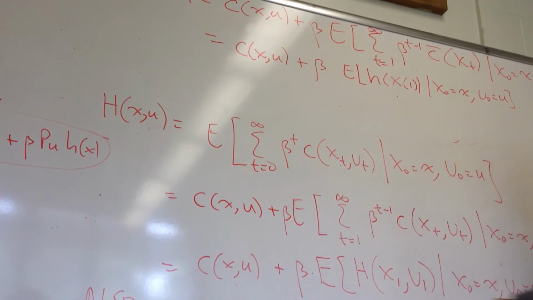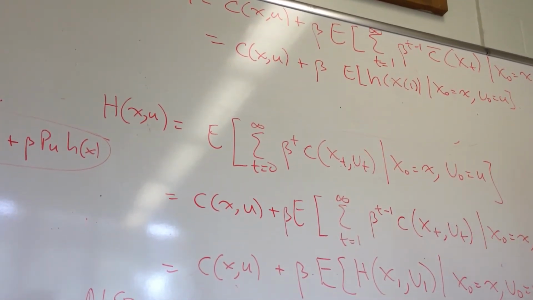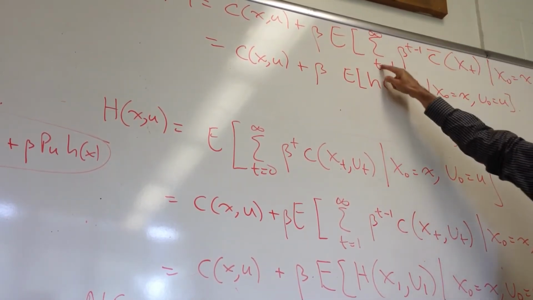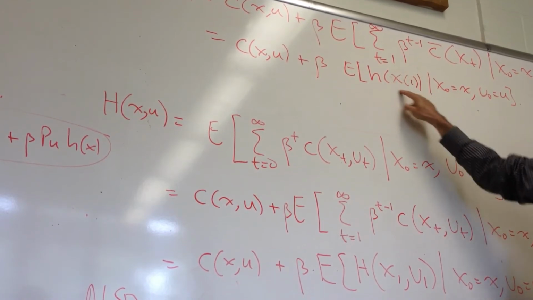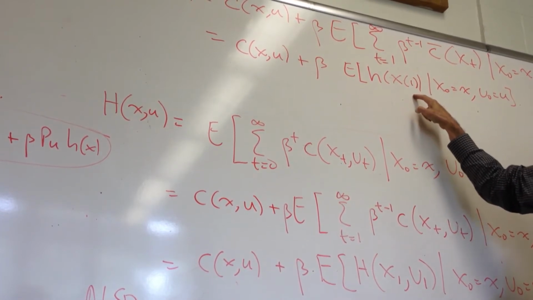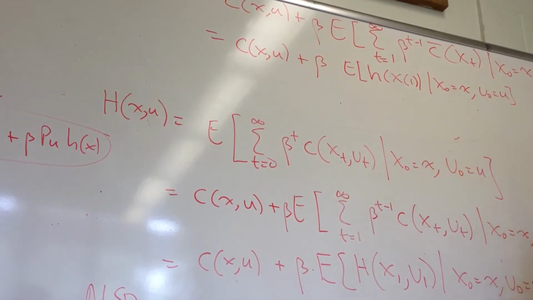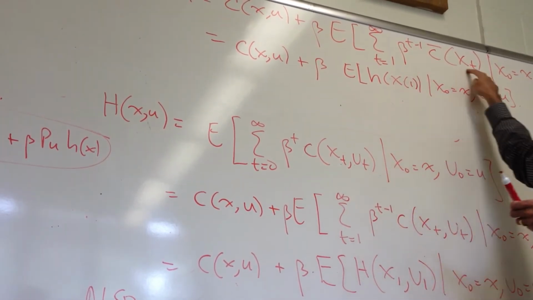Really what I'm saying is that this conditional expectation and this conditional expectation are the same, because all this is the cost to go starting at time t equals 1, starting at x of 1. I've gone to step time 1, and I want to look at my remaining cost to go.